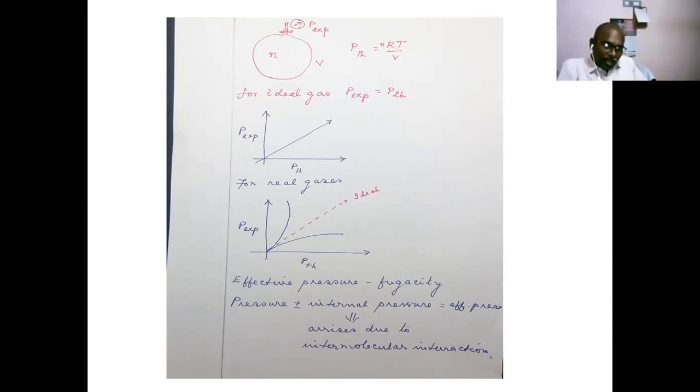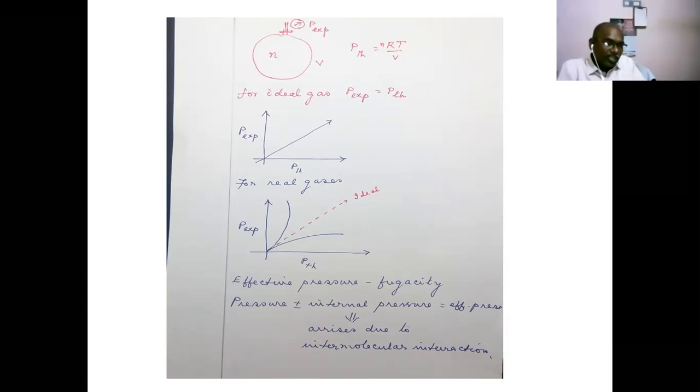Therefore, the normal calculated pressure according to the ideal gas equation, plus or minus internal pressure which is developing due to the intermolecular interactions. If it is attraction, then that has to be subtracted. If it is repulsion, then that has to be added.